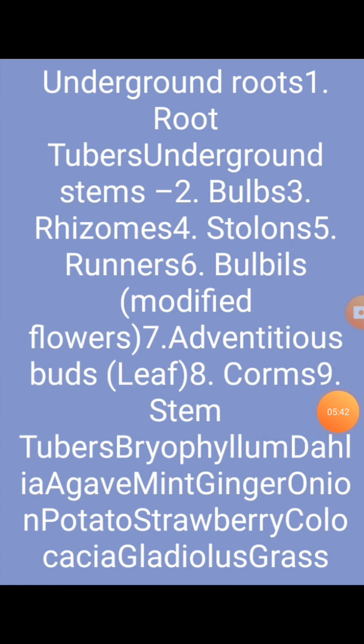For example stolon and Vallisneria, this is one example of aerial modification, and also runner. Underground modifications are bulb, corm and tuber. Tuber is an underground stem, for example bulb, rhizome, runner and bulbil. There are different types of modification in leaf.